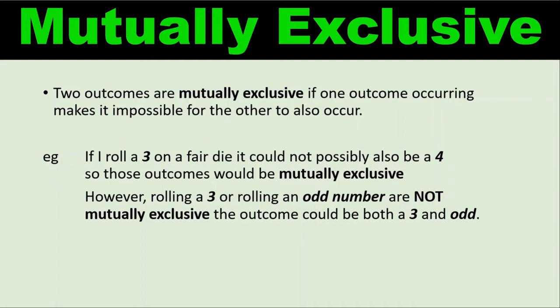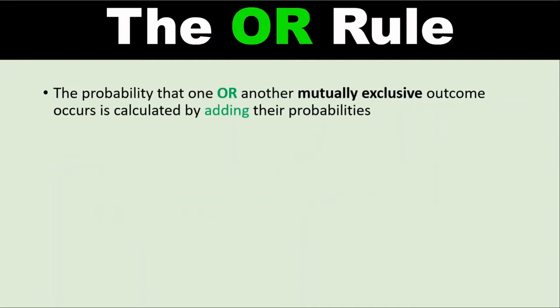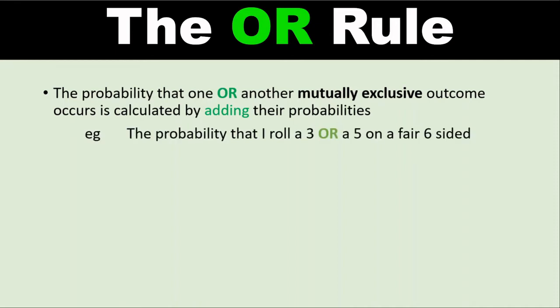The OR rule can only be applied to mutually exclusive events. The probability that one or another mutually exclusive outcome occurs is calculated by adding their probabilities together. So for example, the probability that I roll a 3 or a 5 on a fair 6-sided die can be calculated by adding their probabilities because rolling a 3 or rolling a 5 are two mutually exclusive events.